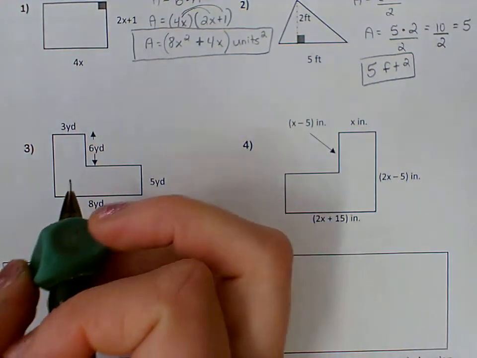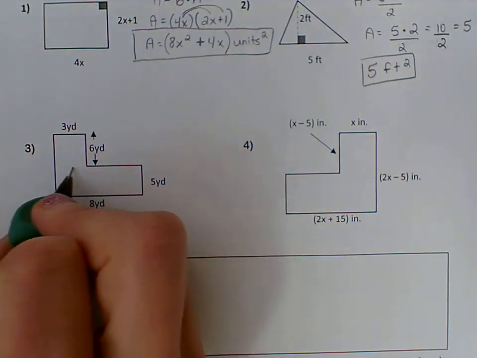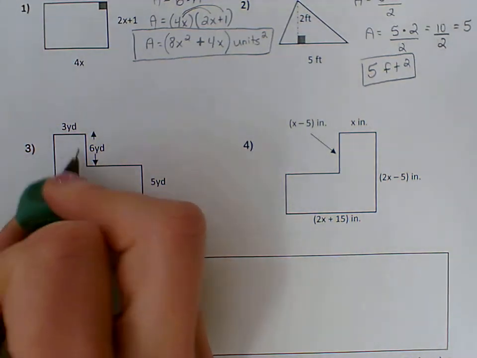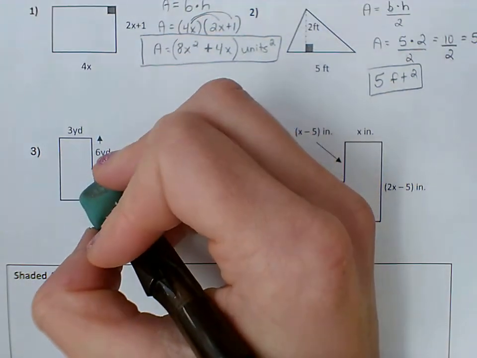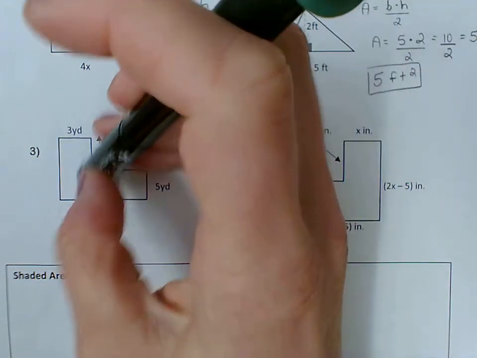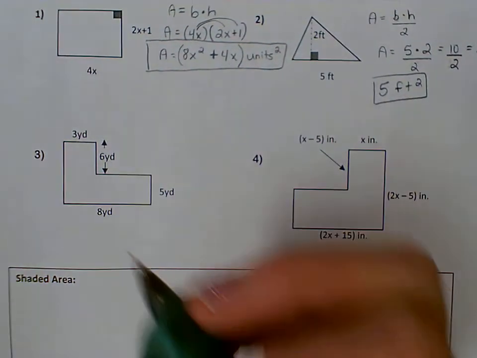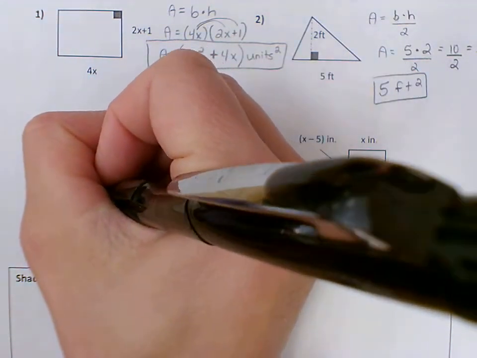And you have options. If you notice, you could put a little line right here to split it up into this piece and then this bottom rectangle. You could do that. You could also draw a line going straight down right here. Whichever way makes better sense to you, okay? And so for me, I guess I could split it up like this.